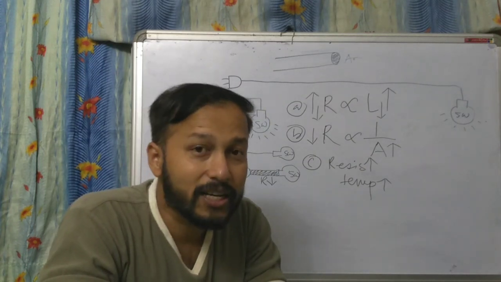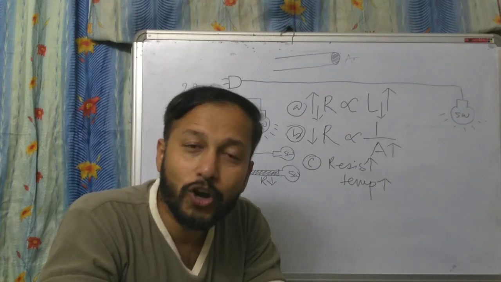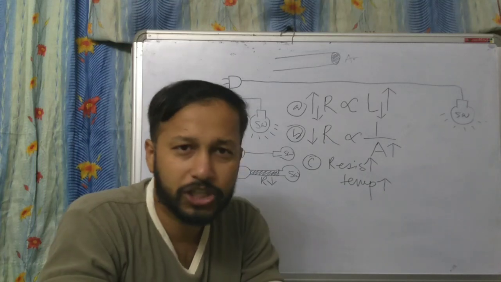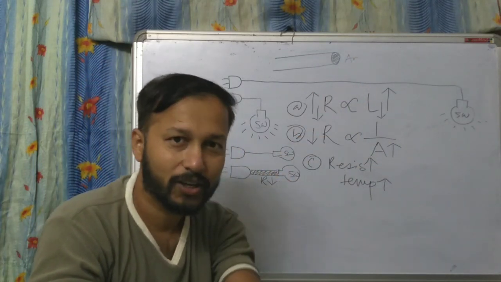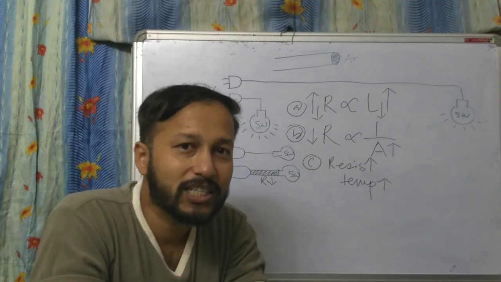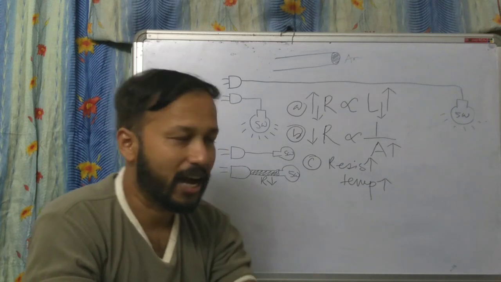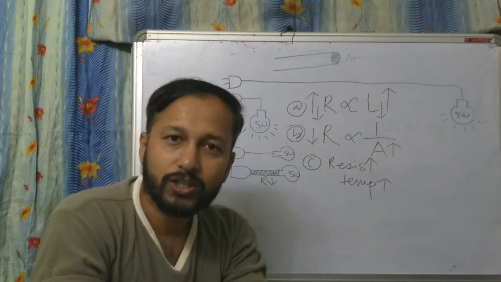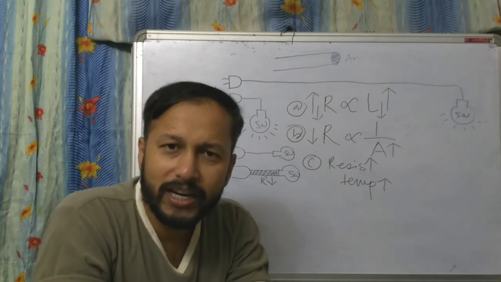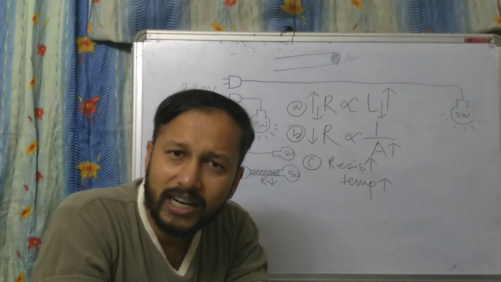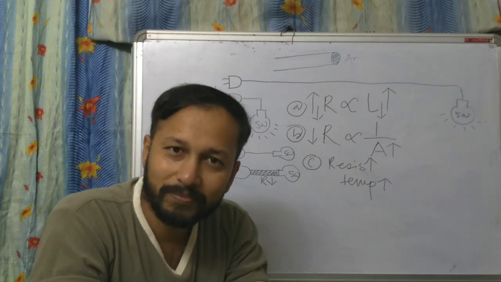Number B, resistance is inversely proportional to the cross-sectional area. This is the cross-sectional area, the thickness of the wire. Okay? So resistance is inversely proportional to the thickness of the cross-sectional area. And number C, resistance also depends on temperature of the conductor. If you increase the temperature of the conductor, resistance will also increase. Understood?